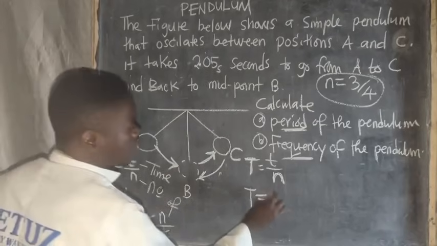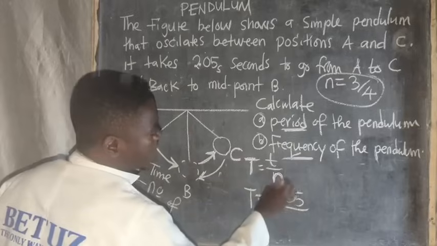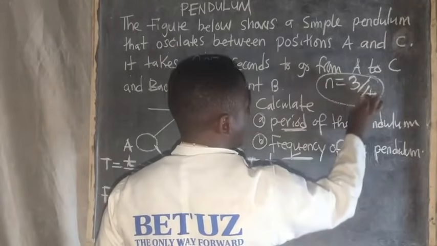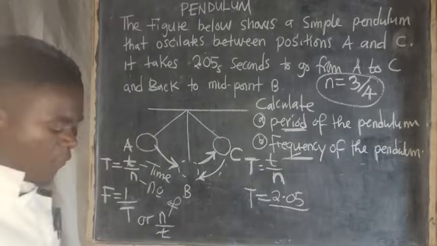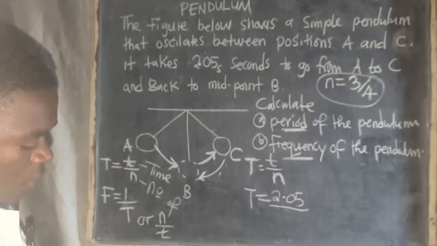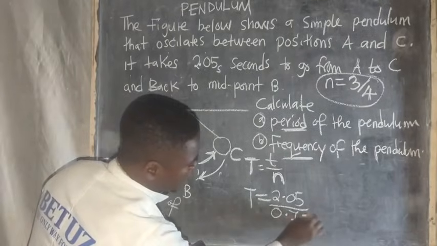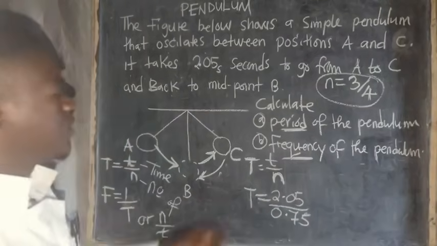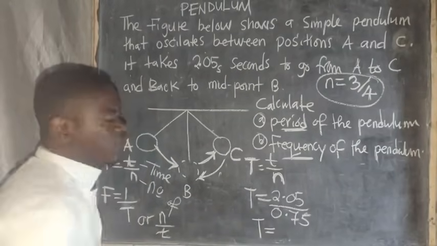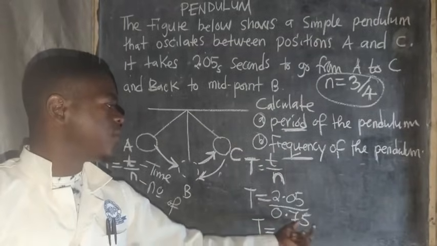What is the time? 2.05. N, what is N? N is 3 over 4. So when you type on your calculator, 3 over 4 can also be written as 0.75. You just divide. So N, 3 over 4, is just the same as 0.75.